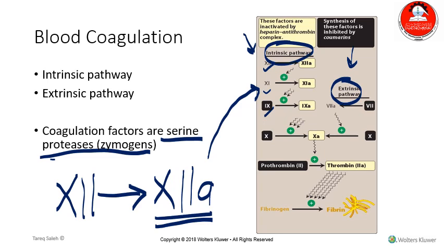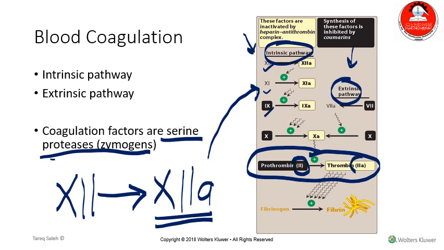And this continues throughout the cascade until both pathways eventually lead to the activation of thrombin. Note here that thrombin is also an activated coagulation factor because prothrombin is coagulation factor 2, while thrombin is the activated form of coagulation factor 2.